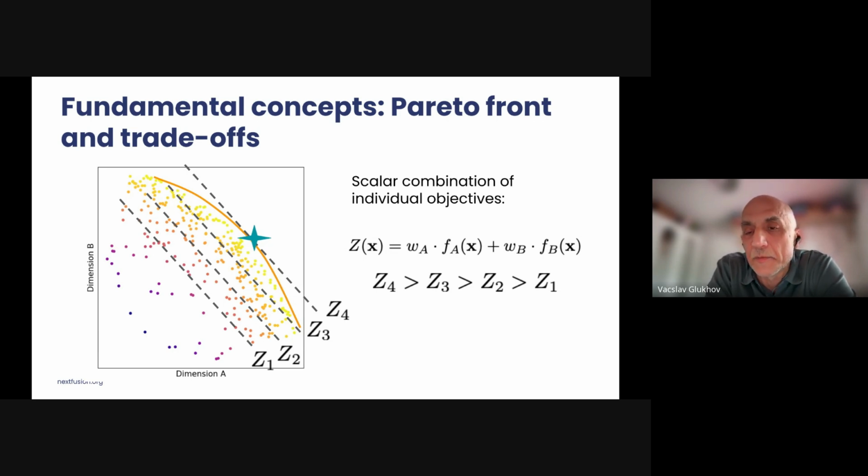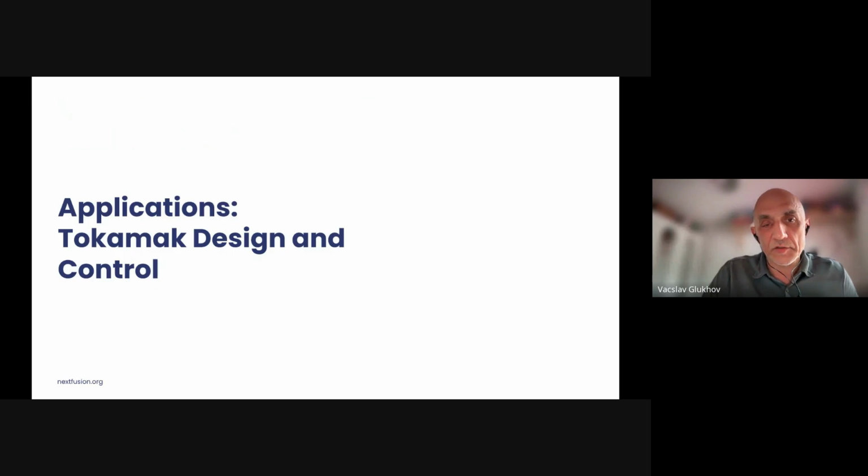That will be the design that we can use. That is how we make decisions on the Pareto front, and we will see examples of that in tokamak design and in controlling of plasma states in our example section.